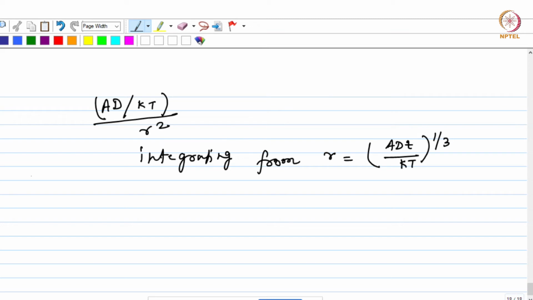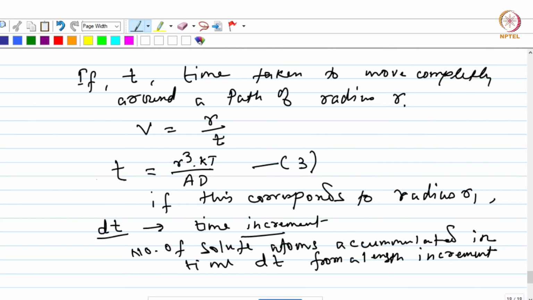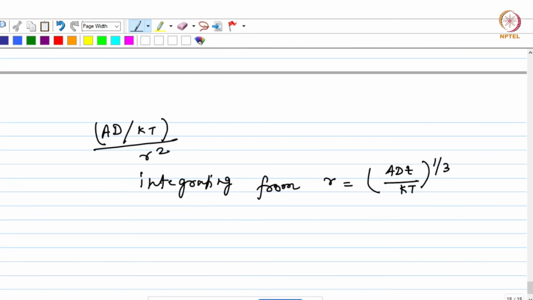And this expression for R comes from this particular equation, right? From here, from equation 3. Okay. So if you integrate this from R equals to this to R equals to infinity, then you will get the total accumulation of the solute atoms in the time increment.